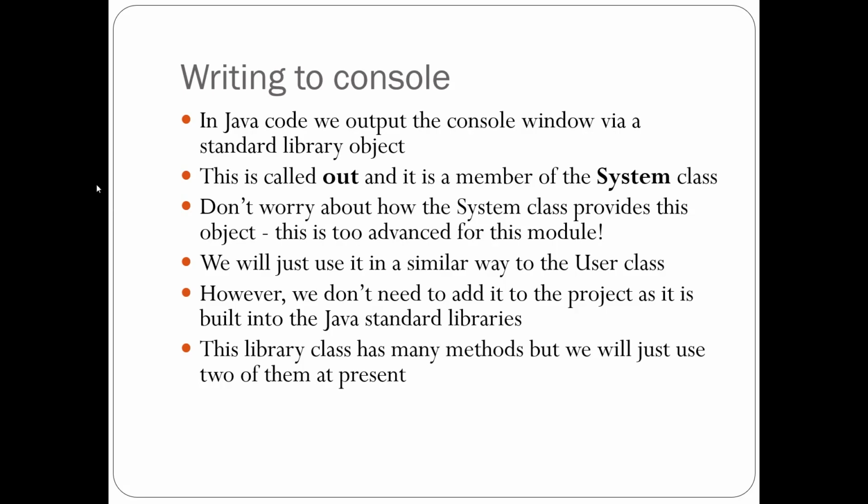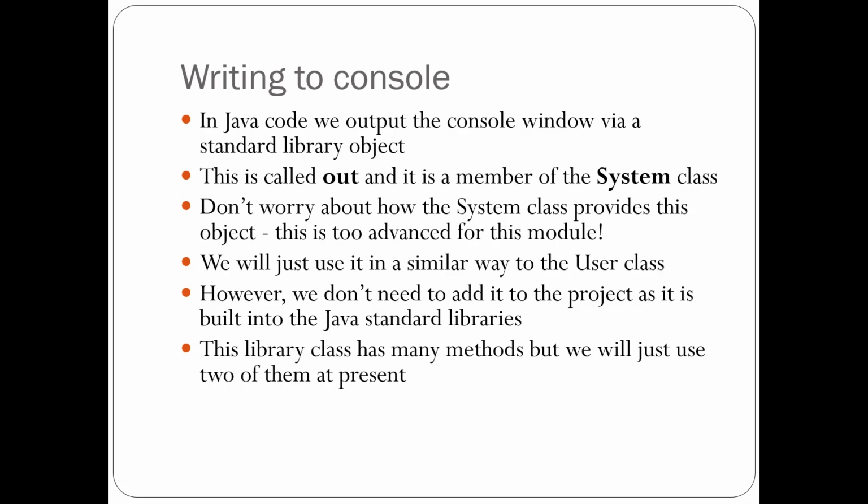So in Java, we've got a pair of commands that we're going to use as an alternative to the user class, and they're part of a pre-built library called system. Because they're pre-built in, we don't have to add any commands to the top of the class, because they're already added in there for us.